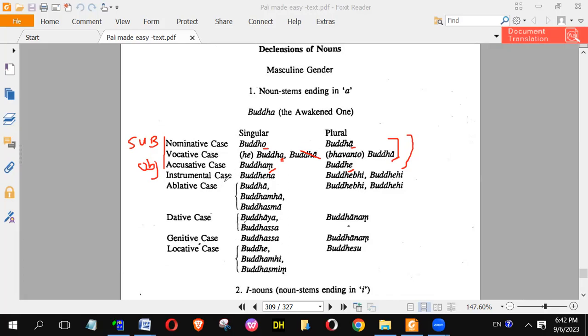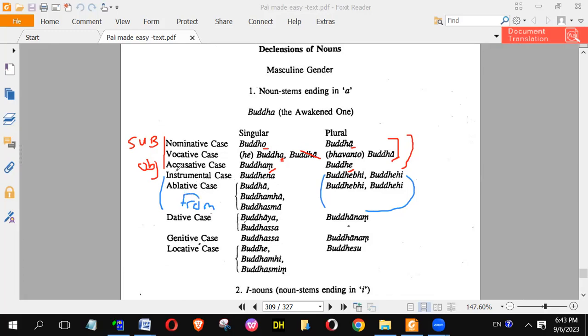Now the instrumental and ablative: you need to learn these two together because the endings are the same. Ablative has the sense of from, like from the Buddha.